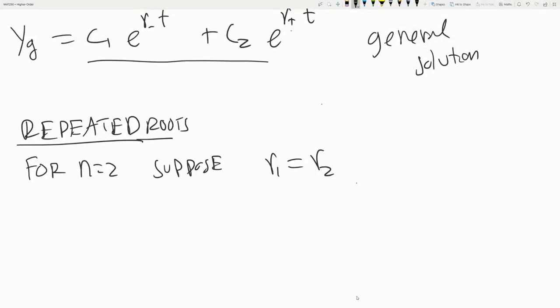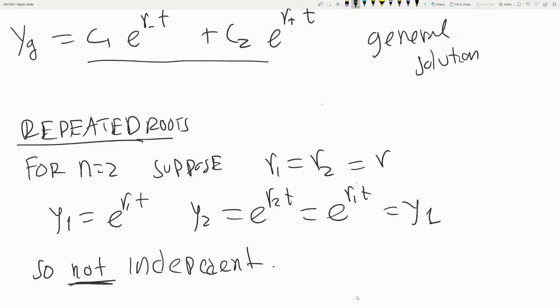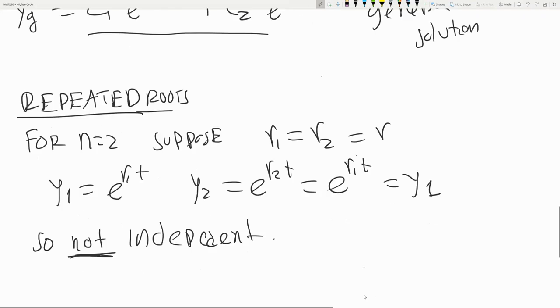Then we don't have independent solutions. So check. I can do it now. So we have one solution, e to the r_1 t, and y_2 is the same guy. So not independent. Okay. So we need to devise a second solution.